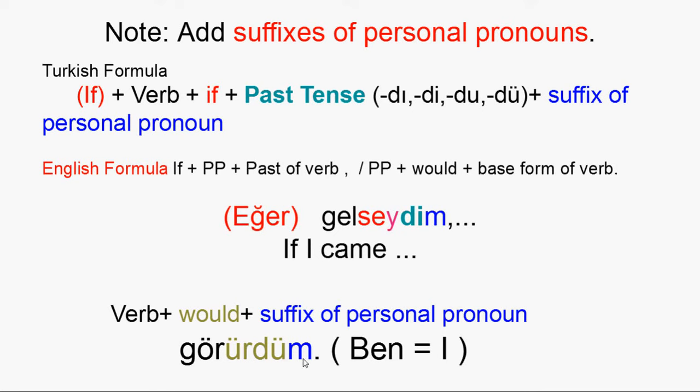Then I put am, which means I, the suffix I in Turkish, so I say görürdüm. That means if I came, I would see. So in Turkish I say eğer gelseydim görürdüm.